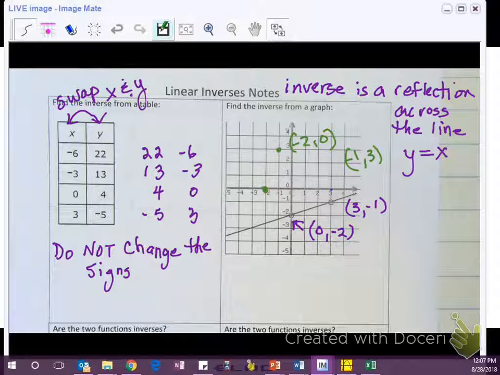No, I thought I had it. I'll just freehand it. So it isn't perfectly straight.